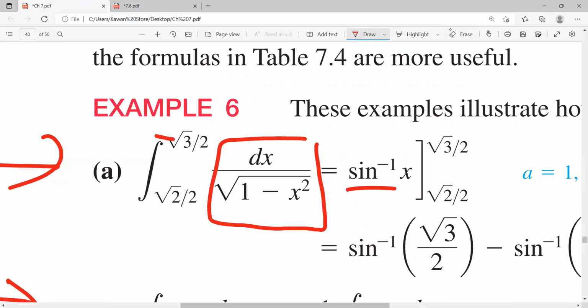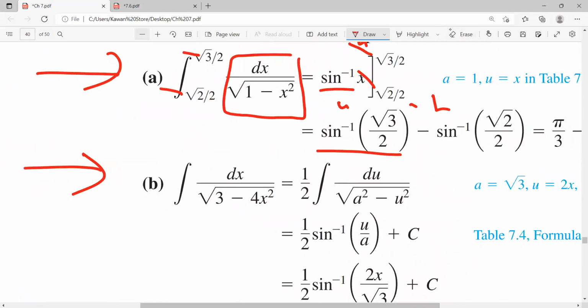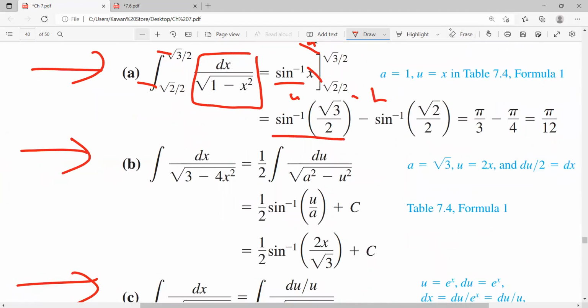And because I have boundaries, I'm going to put a boundary here, upper minus lower, right? Upper minus lower. Any question about the first example? Dears? Do you have any question? Do you think it's difficult? No.